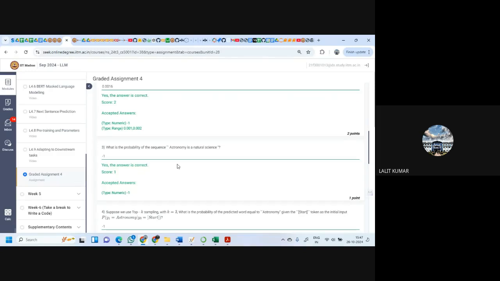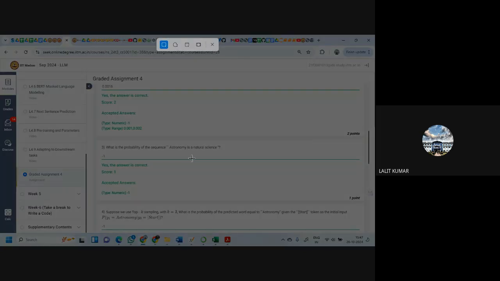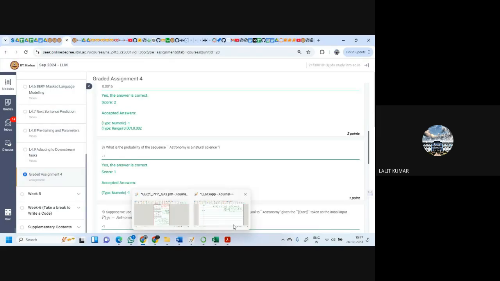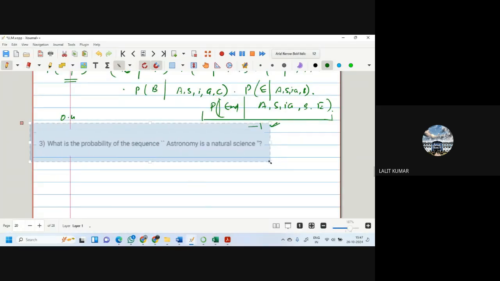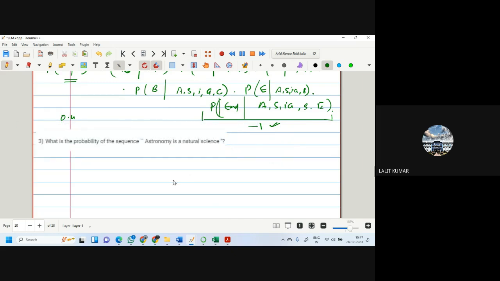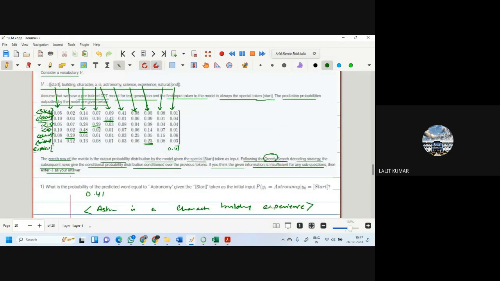What is the probability of "astronomy is a natural science"? Now for this, astronomy is A has come in this. But for natural, here natural should have the highest probability. Somebody had asked me that question.